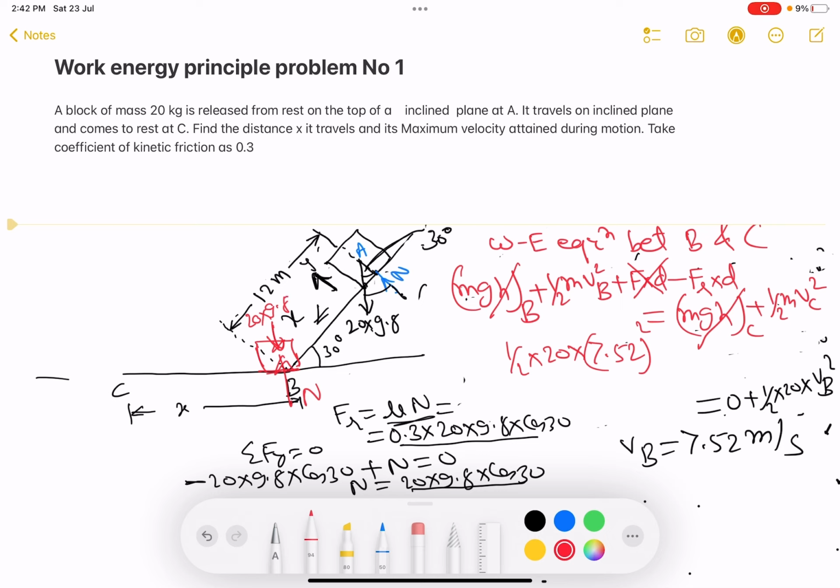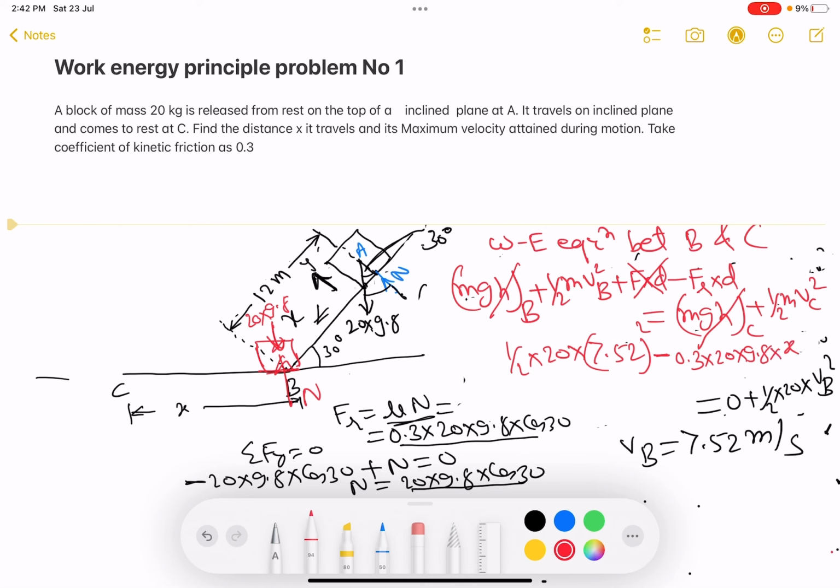Earlier we had to consider cos 30, but now there is no need. So frictional force is minus mu into N. Mu is 0.3, N is the weight of the body, 20 into 9.8, into the distance traveled, that is x.